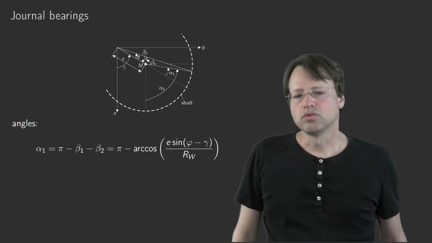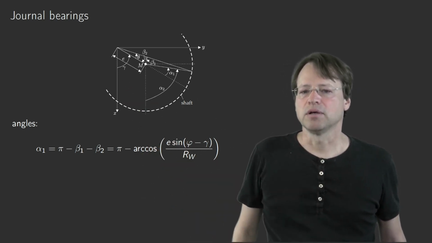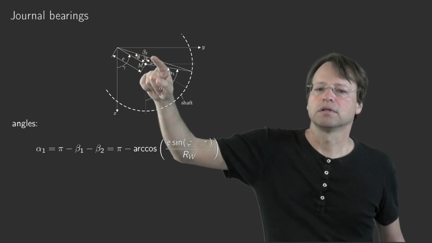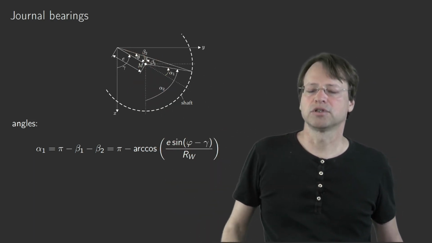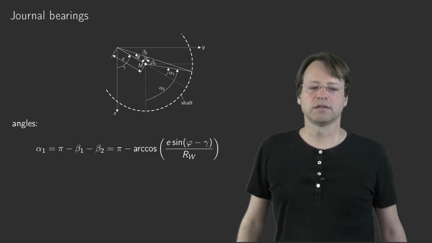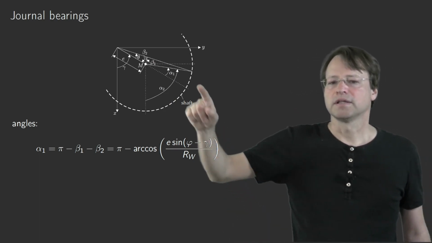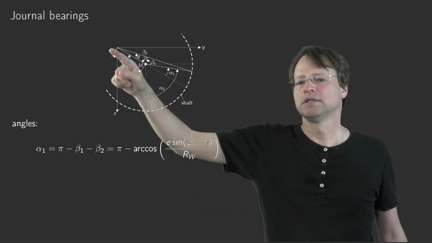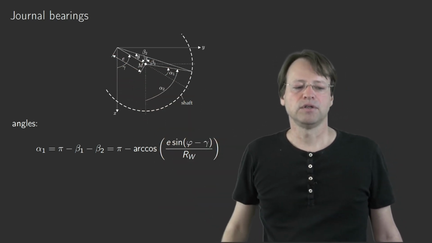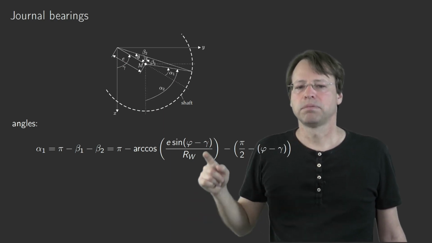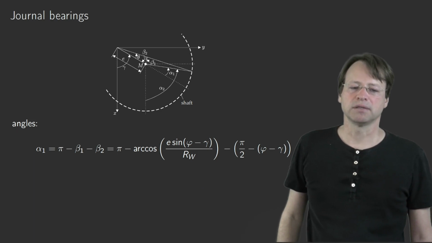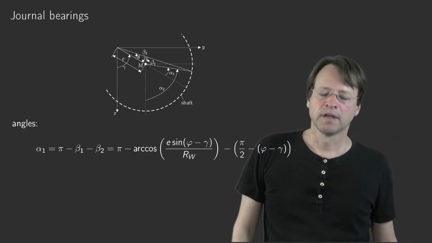Well, and for beta 2 in the other triangle, where we know perfectly that angle, it's theta, we know the second angle in the triangle, which is a 90-degree angle. So that's the height. Therefore, the height must be orthogonal to this line. And then we just have minus pi divided by 2 minus theta, and theta was phi minus gamma. Okay.